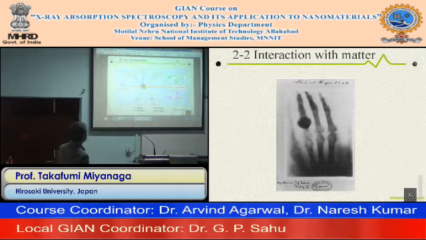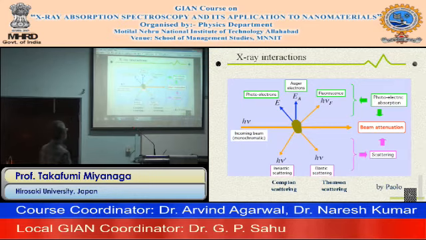Now, there is matter with many electrons bound inside. X-rays come in this way, and there are some interactions like that. The first simple interaction is Thomson scattering.